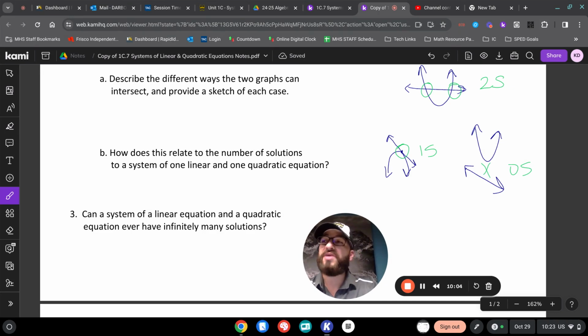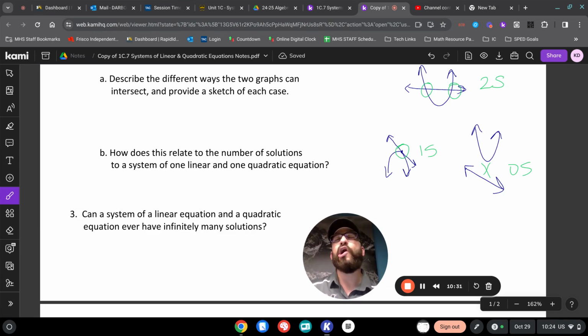So for linear and quadratic systems, they could have 2 solutions, they could have 1 solution, or they could have 0 solutions. Okay, it's just going to depend on how they intersect. And kind of a closer, can a system of linear and quadratic equations ever have infinitely many solutions? Well, if you remember back to what we talked about with linear functions and systems, infinitely many is when the two linear functions are the exact same, so they cross everywhere.